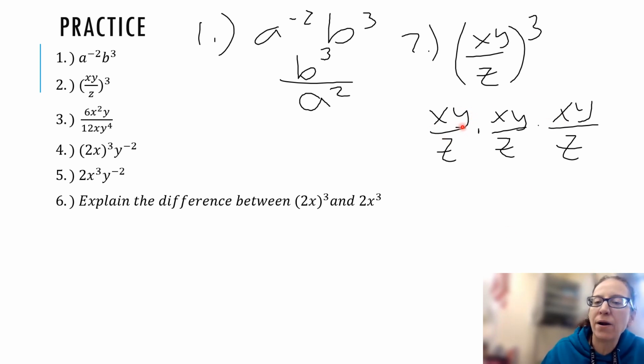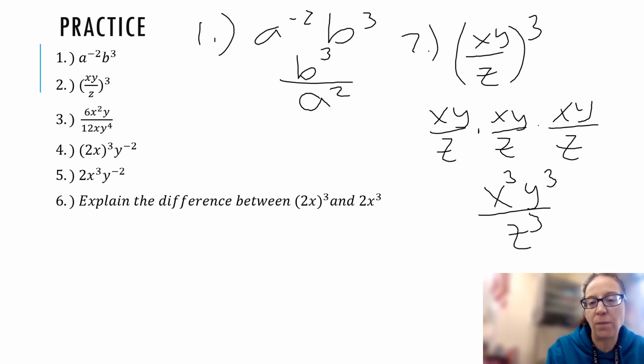In my numerator also, I have y times y times y, and in my denominator, I will have z times z times z. So this would end up being x to the third, y to the third, and then in the denominator, z to the third. You can get there in one step if you use the multiplication and recognize that you would just do 1 times 3 on all of them. Next one.